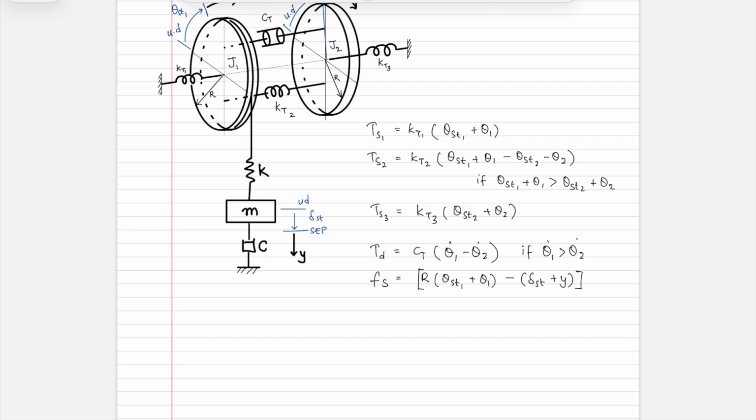Multiply this by k if essentially this much is greater than delta st plus y. That's basically saying that this is going more than this, which means it's in compression. Finally, we also have Fd is equal to C y dot. It's going to be in compression for positive y dot.